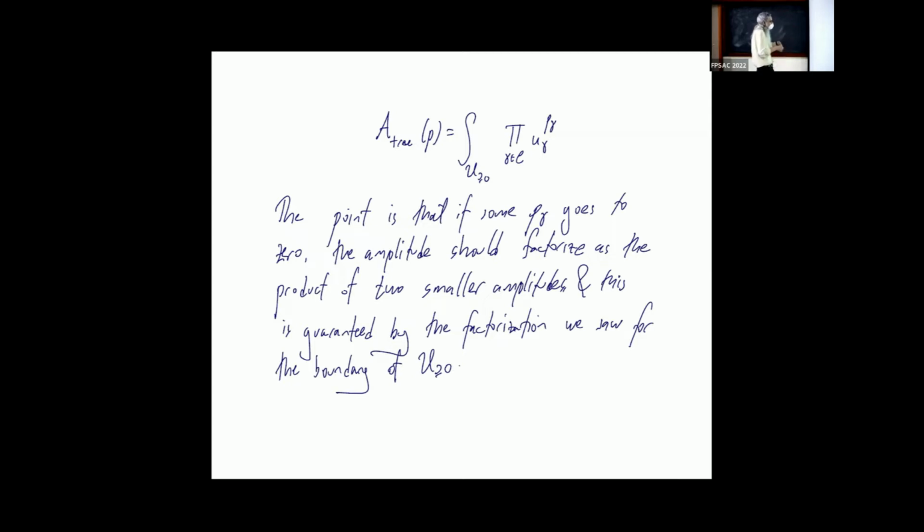And that's guaranteed by the factorization that we saw, because what happens when P gamma goes to 0 is that the integral gets concentrated towards where U gamma is 0. So the factorization produces the factorization of these amplitudes, which is exactly the property the amplitudes are supposed to have.